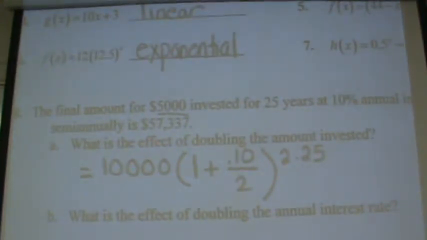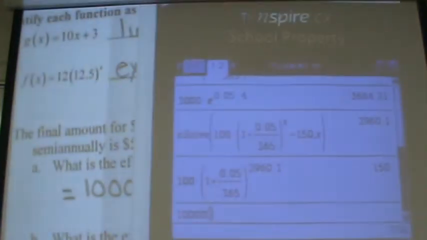Tell me what you get. $10,000, and then parentheses, 1 plus 0.1, get your fraction. There you got a big number.